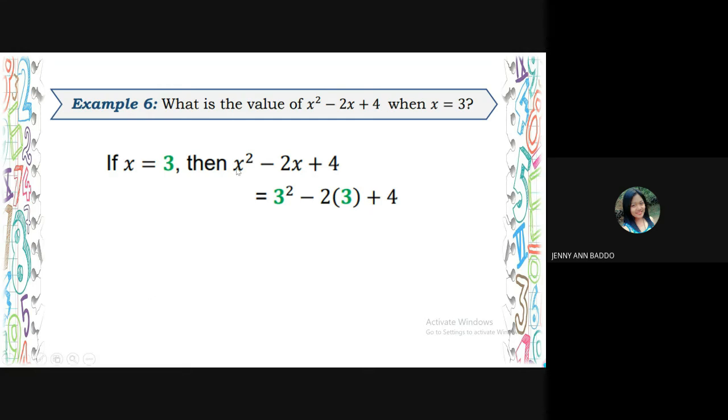Again, take note, all the variables x were changed into 3. To simplify, we have to start first with 3 squared because it has an exponent. So that's 9 minus 2 times 3 is 6, plus 4. 9 minus 6 is 3, plus 4 is 7.